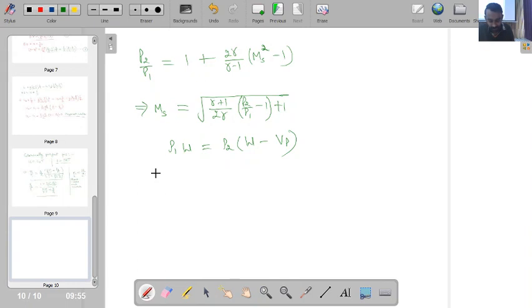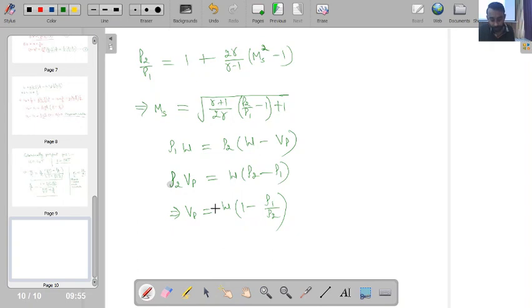If I calculate the value of Vp from here, I can take rho 2 into Vp on the other side, and W times rho 2 minus rho 1 on one side. Now I can divide by rho 2, so my Vp becomes W times 1 minus rho 1 by rho 2.